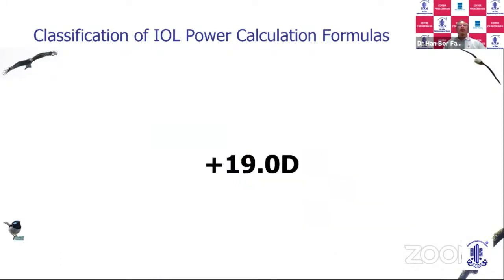So if you look at all these, the evolutions of a formula, this is the most important slide. This is quite similar to the one published in the editorial by Cooke. In the past we used 19 diopters, and we had a lot of refractive surprises.